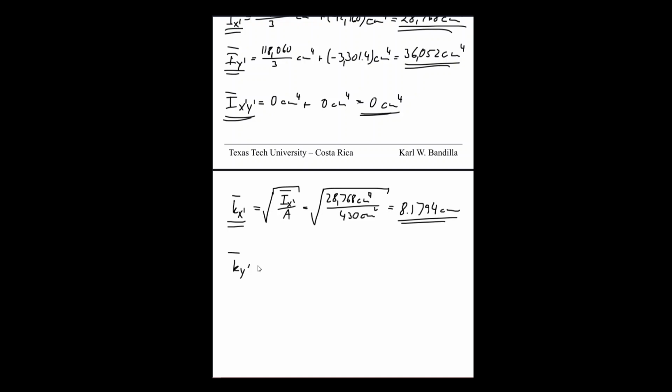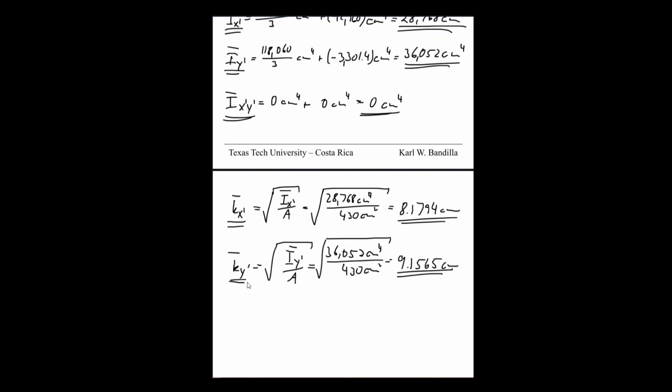Ky prime bar, Iy prime bar over A is, we can see it up there, 36,052 centimeters to the fourth divided by 430 centimeters squared gives me 9.1565 centimeters.